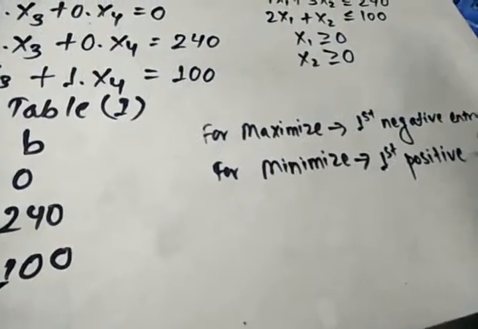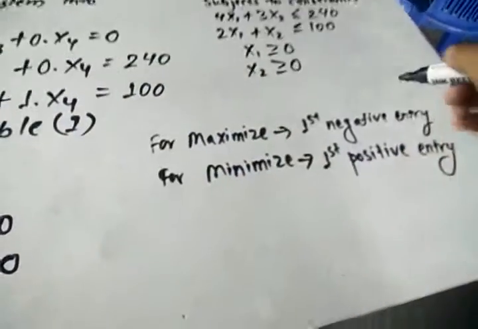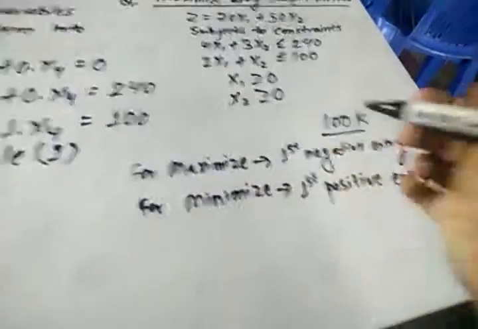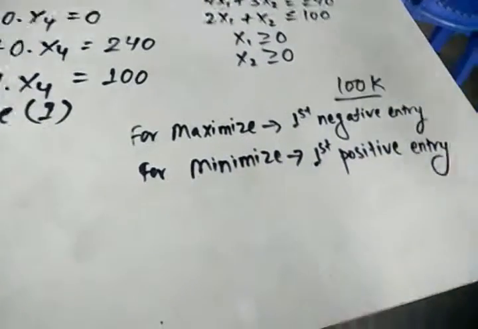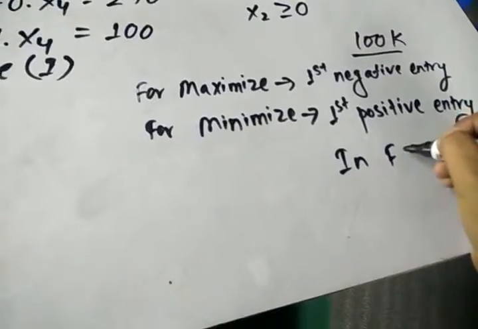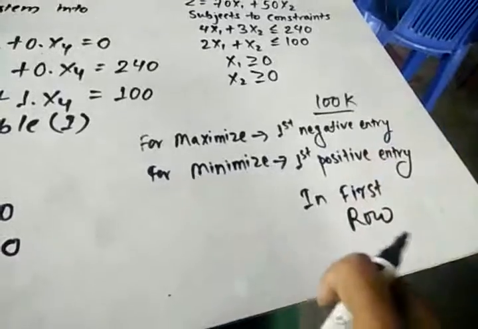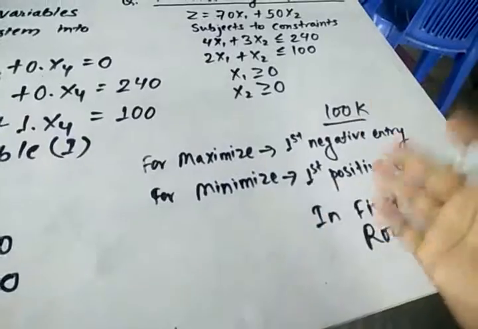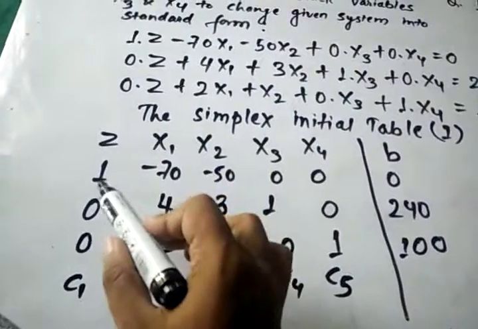For maximize we look for the first negative entry, for minimize the first positive entry, in where? In the first row. This is our first row, not this row.